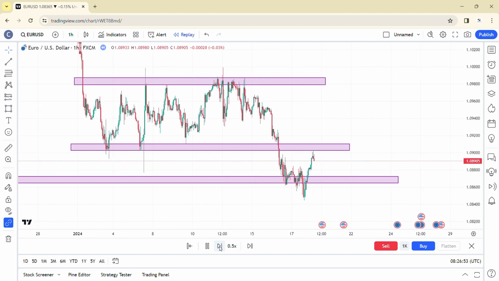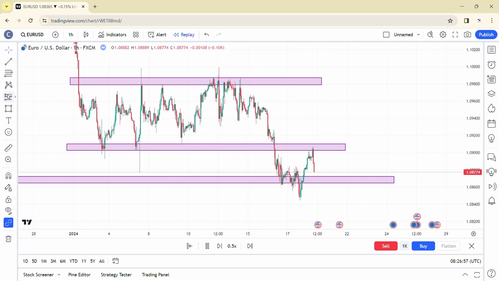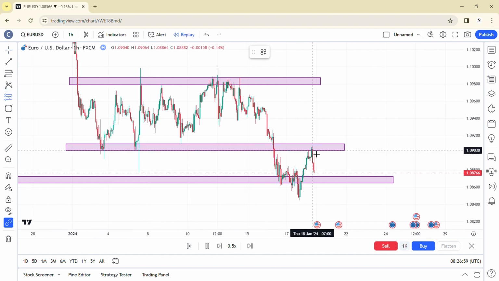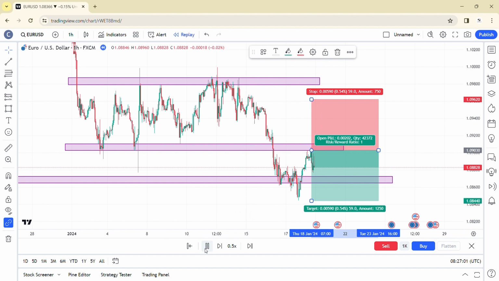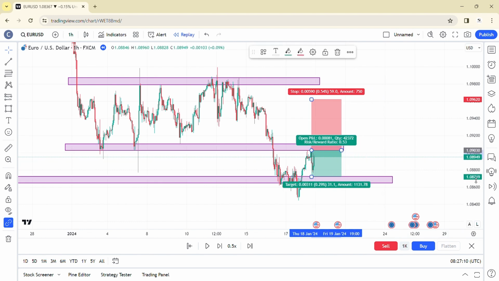Still no retest. Okay, finally we have a retest over here. You can see at long last price retested this zone over here. So you can see price gave us a retest.